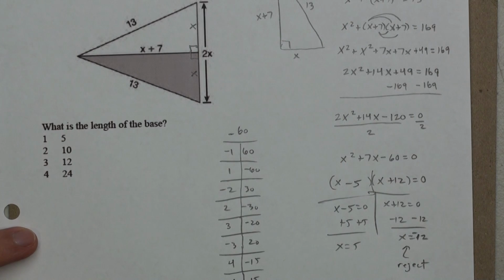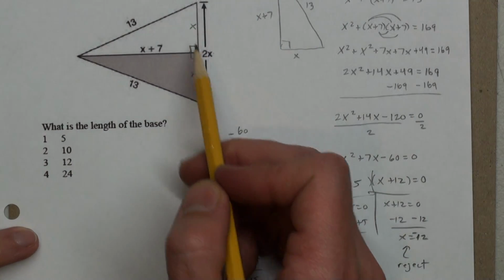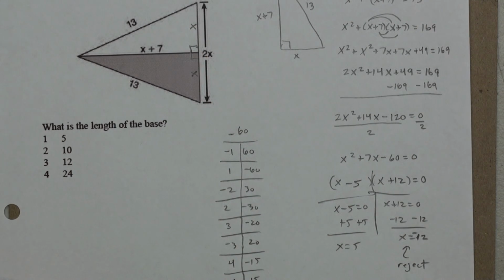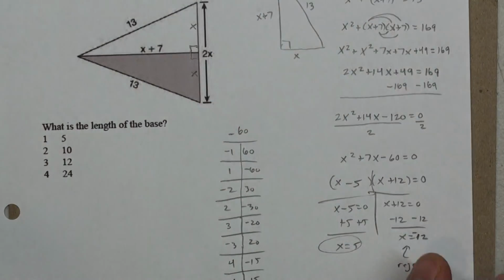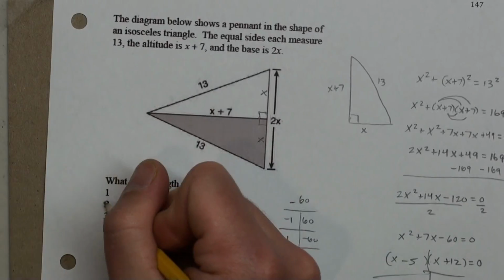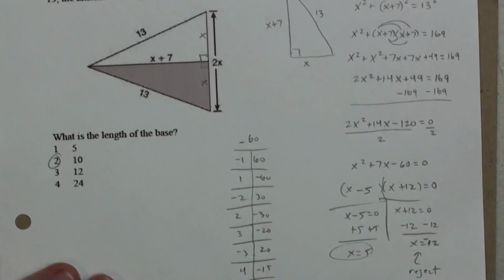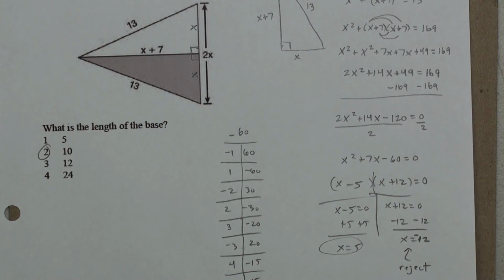You don't measure something and get a negative answer. So x has to be 5, but 2x equals 2 times 5 because they want the length of the base, which is 2x, equals 10. So that one, a lot of ways you can make a mistake on that one. I can't believe they actually gave this problem, but they did.